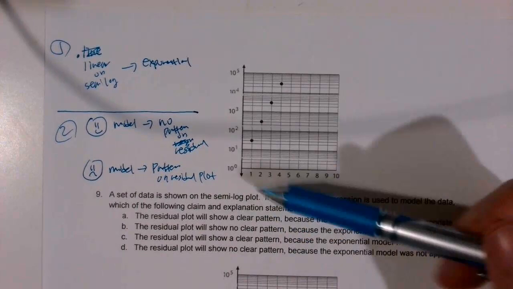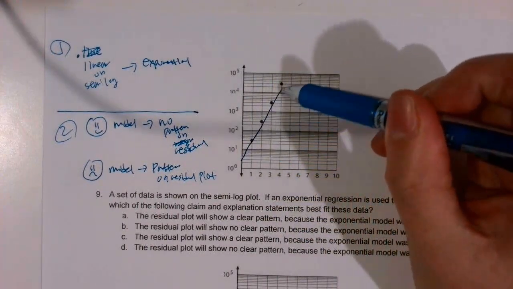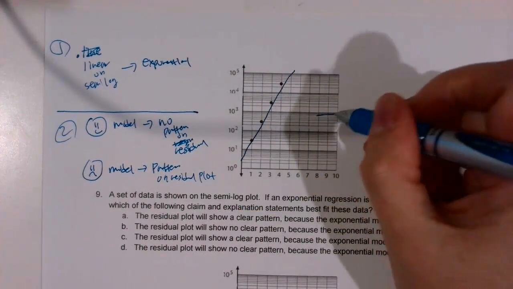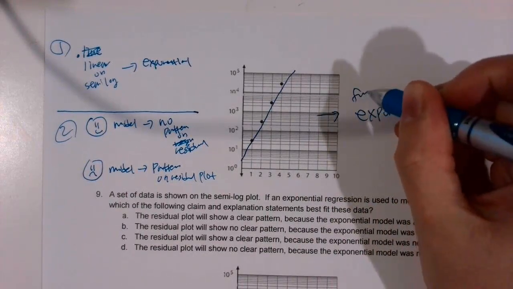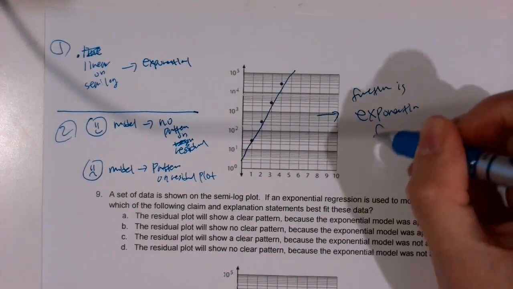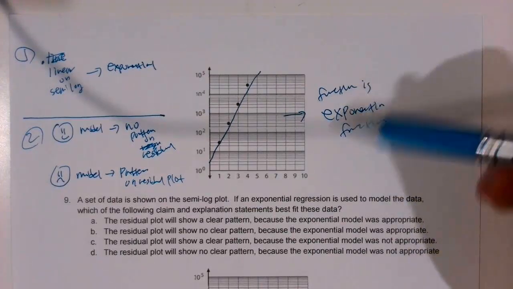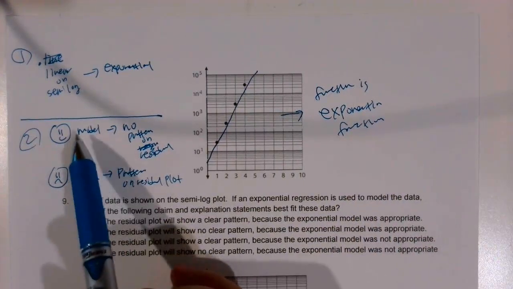The data shows a semi-log plot. As you can see, it seems to be a straight line. So there's a straight line on the semi-log plot. What does that mean? That means the function is an exponential function. You good? Alright, so if exponential regression is used, it's a good model, right?